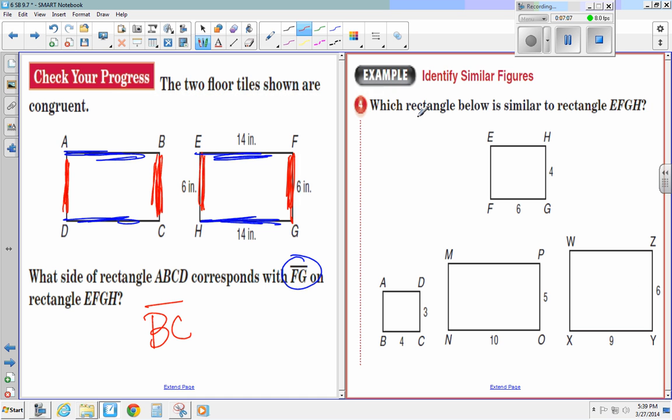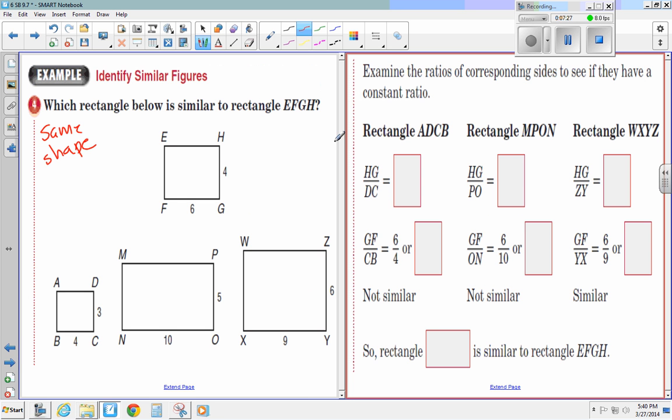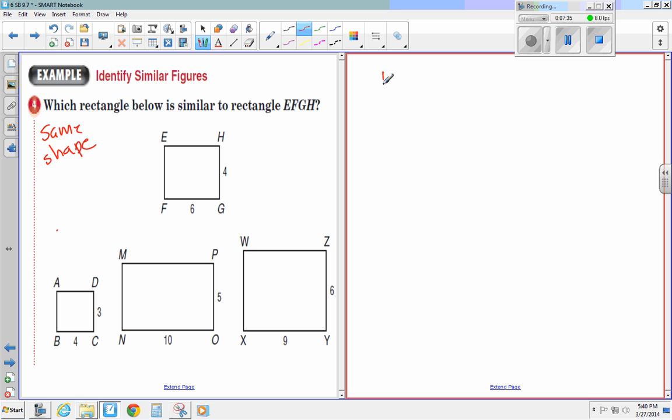All right. Now, identifying similar figures. Which rectangle below is similar to rectangle EFGH? All right, so similar means same shape. The size doesn't matter. So any one of these, just looking at the size, could possibly work. And I want you to add this part to your notes.